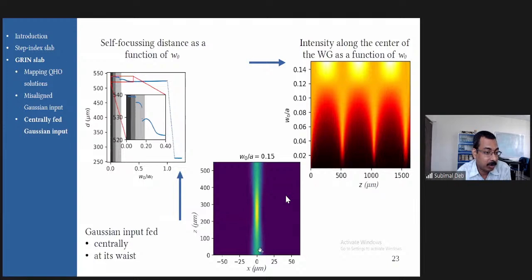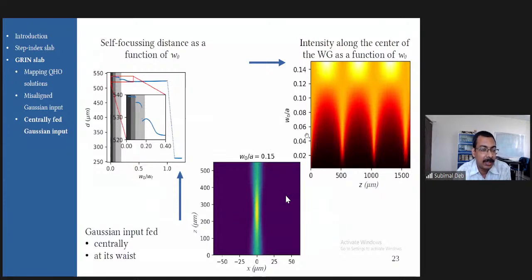And this can be used only if the beam is fed centrally into the waveguide. So this contour plot on the right side is the intensity along the axis of the waveguide.